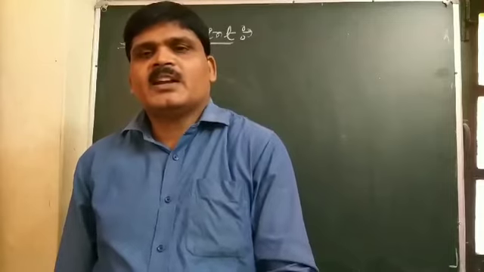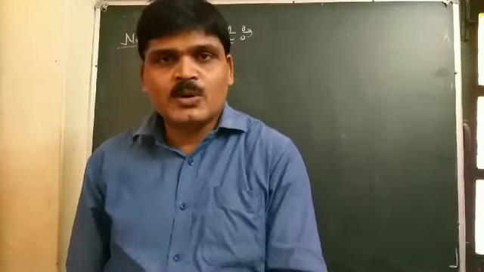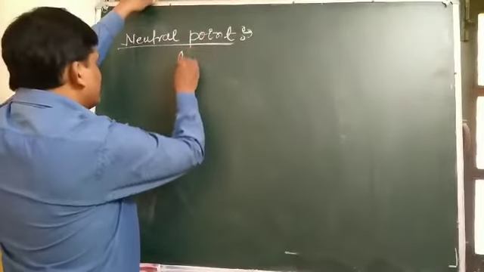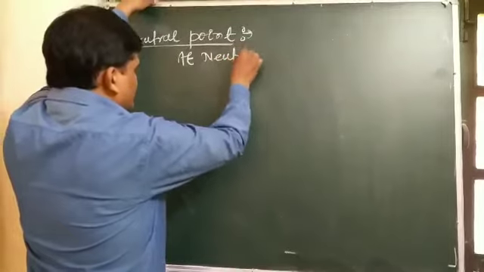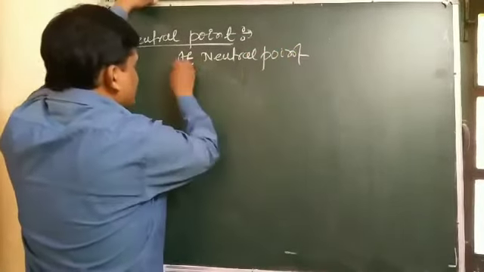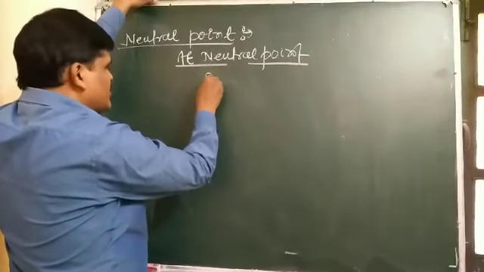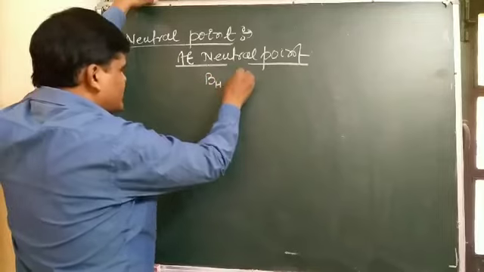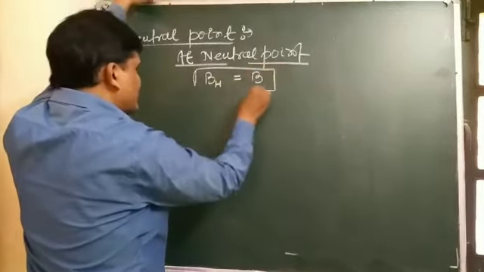So the net magnetic field at the neutral point is 0. At the neutral point, this is the important point for numericals: the horizontal component of the earth's magnetic field is equal to the magnetic field produced by the magnet.